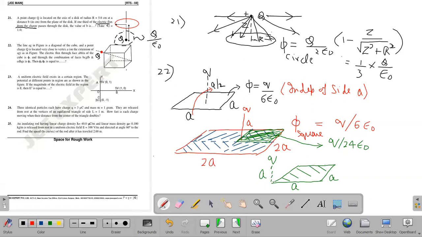So now we can use this result that if a charge Q is at a height equal to the side length of a square, then the flux coming is Q upon 24 epsilon 0.